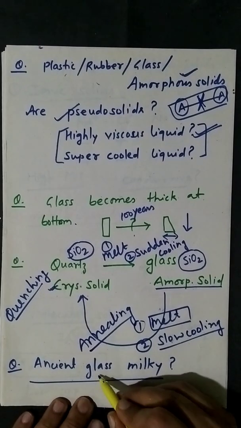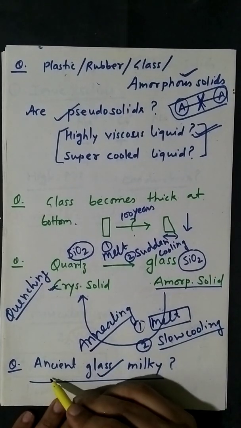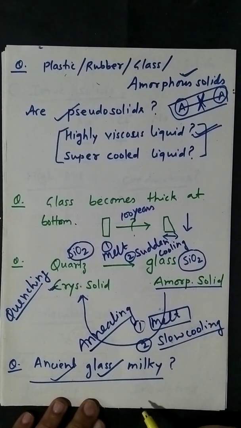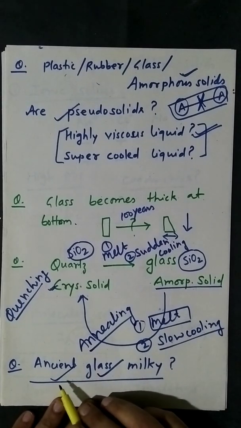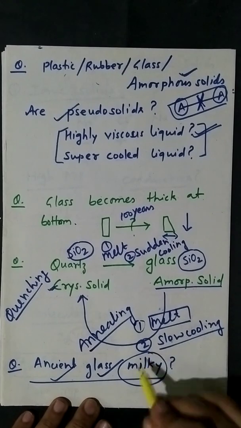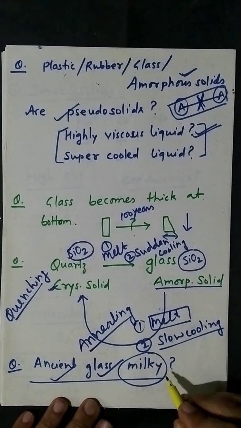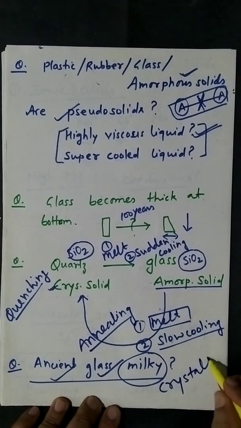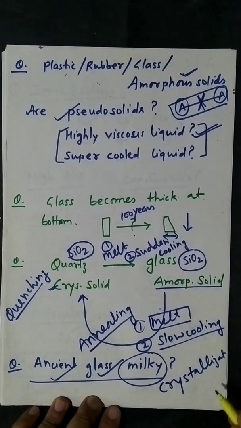Now sometimes glass obtained from ancient regions along with fossils looks milky. The reason is that some crystallization takes place here and because of crystallization glass appears milky in its appearance.